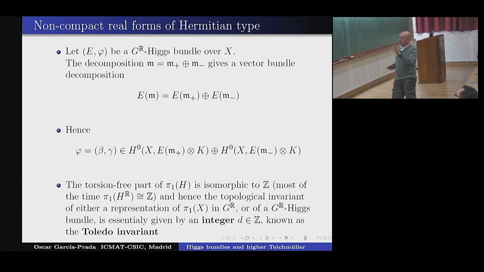Sometimes the Toledo invariant is actually some multiple. There is some normalization involved, which has to do with the geometry of the symmetric space, with the sectional curvature of the symmetric space. But modulo that, the Toledo invariant is just that integer, which in the case of SL2R was the Euler class. Okay.